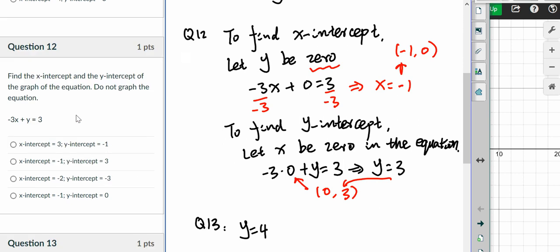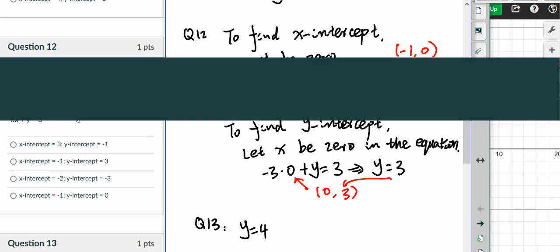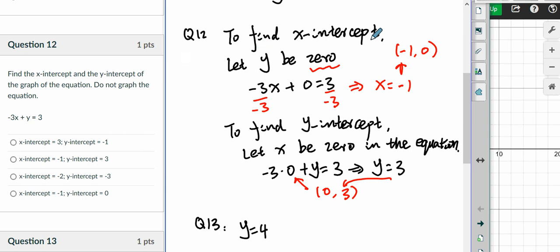And then in this case, we need to find the x coordinate. So to find the x-intercept, let y be 0. In the equation, we have a y, so we let this y be 0. Then we have negative 3x equals 3.